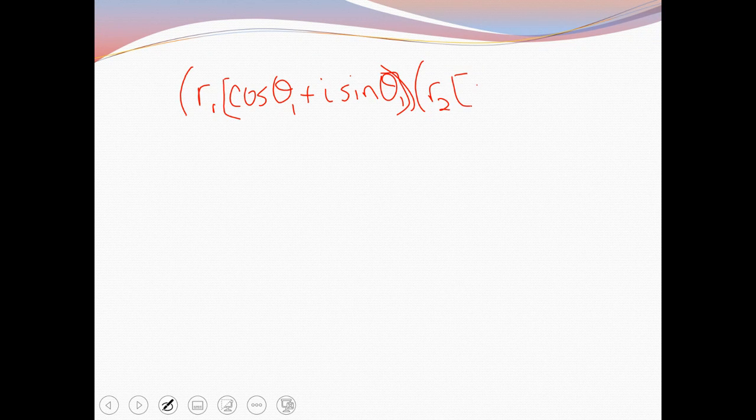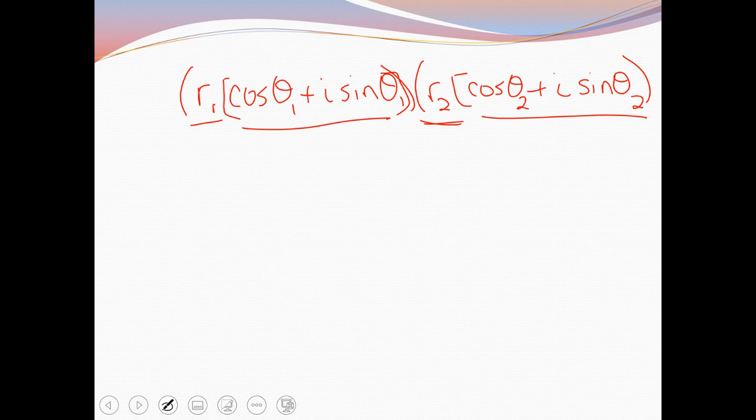And that's some second number. I can pull these out, the R1 and R2, because there's 4 things getting multiplied here. 1, 2, 3, 4. I'm going to pull the R1. Sorry for how sloppy this is.